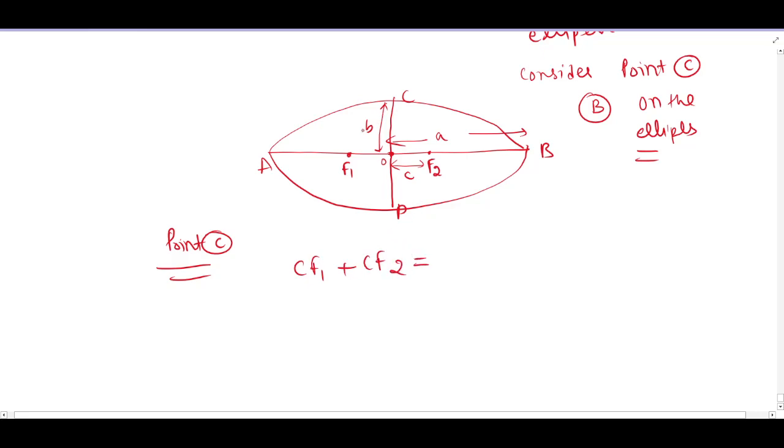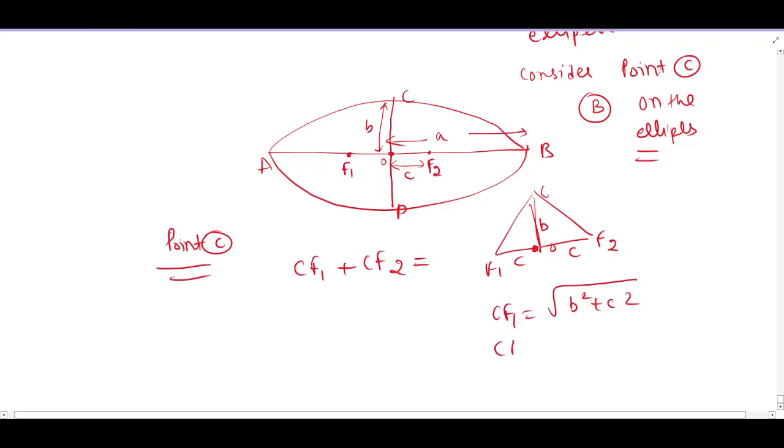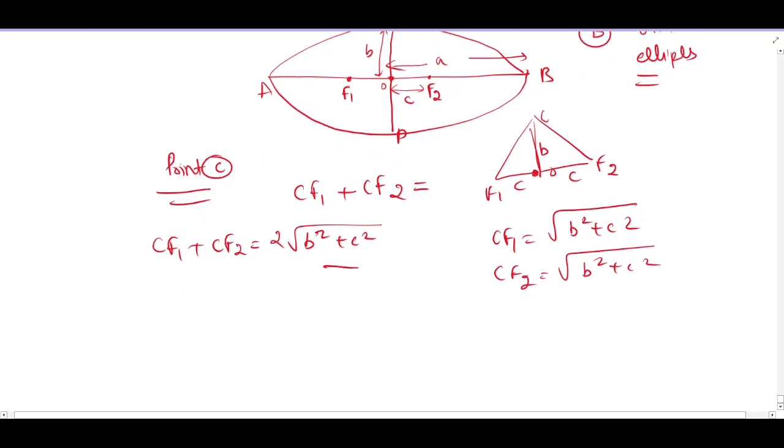This is O, this is point C, this is F1, this is F2. CF1, by Pythagoras theorem, is root of b square plus c square. Similarly, CF2 is root of b square plus c square. So CF1 plus CF2 is equal to 2 times root of b square plus c square. This is equation 1.